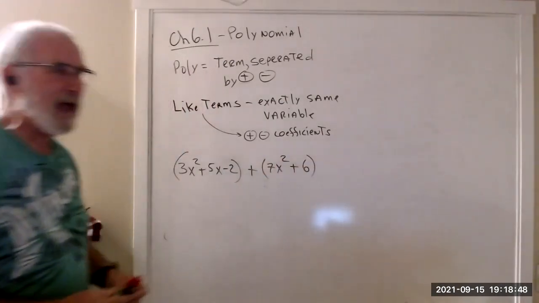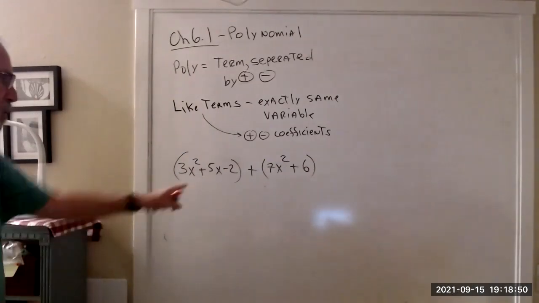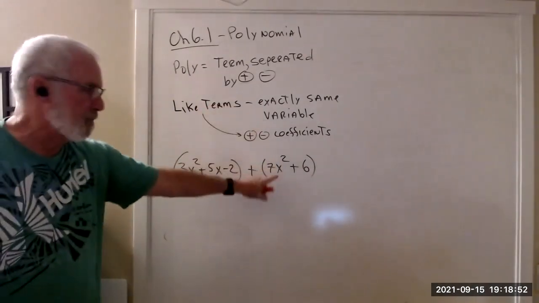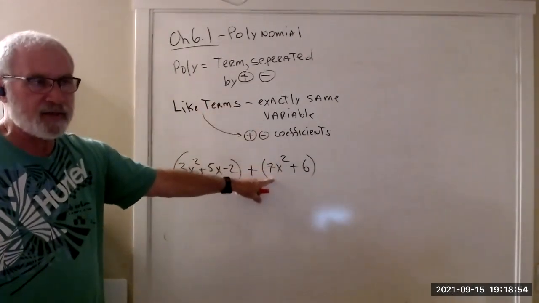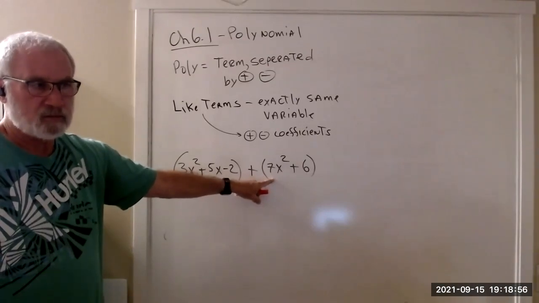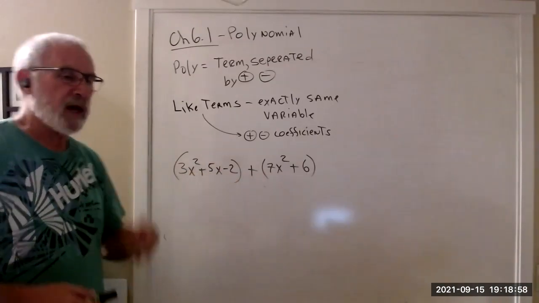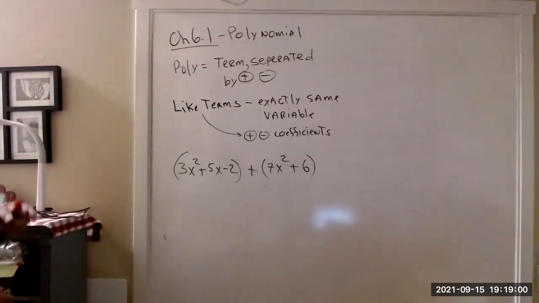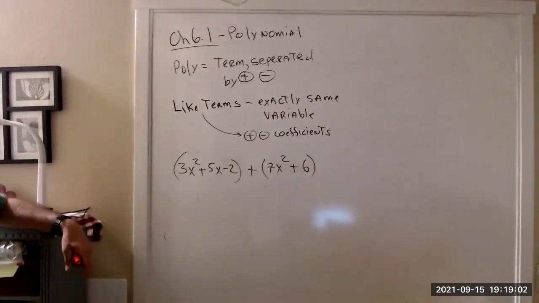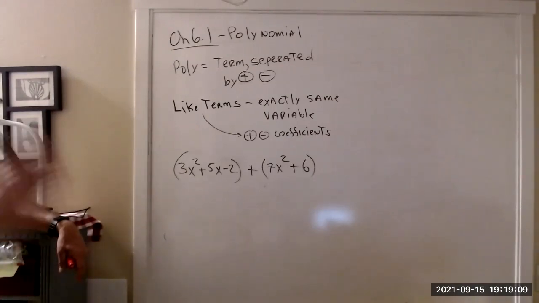So I want to add a trinomial with a binomial. I want to add those somehow. Well, I know that 99% of you already know how to do this. And you can all do it in your head, and that's cool. But I just need to go over it once to remind you.